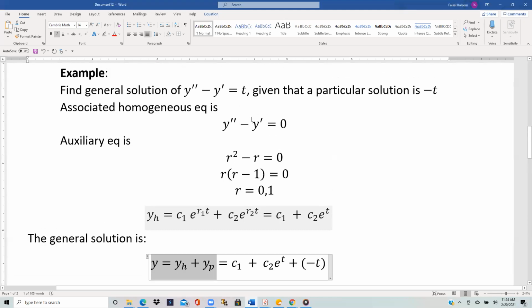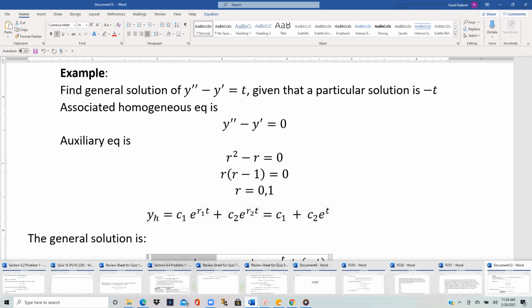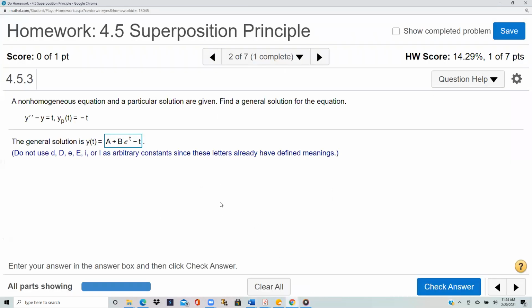So let's just check. r squared minus r, r minus 1, r is equal to 0, 1. e to the 0t is just 1. So C1 plus C2 e to the t. And then negative t was a particular solution. Let's see. Okay, so C2 e to the t.